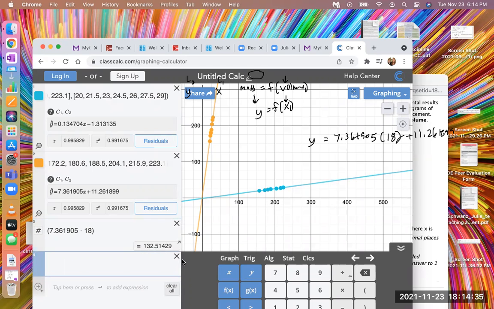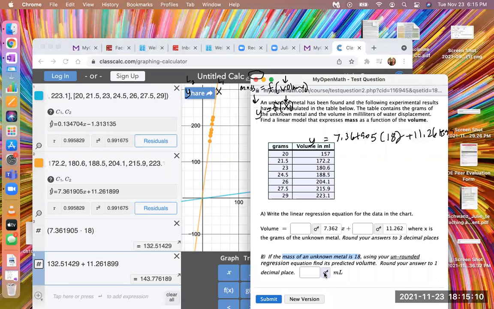And then I take that same answer, 132.51429, and then add the 11.261899, I believe. What is it up there? Yeah. And so we get an answer of 143.7761.